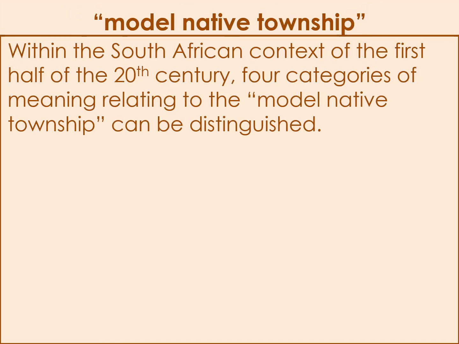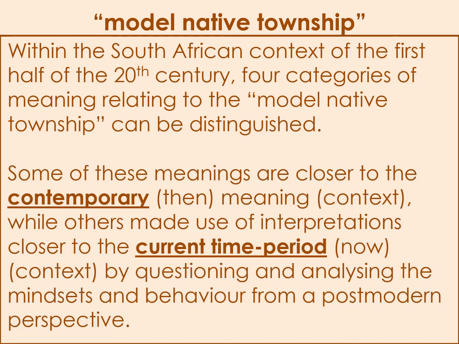Within the context of South Africa of the first half of the 20th century, four categories of meaning relating to a model native township can be distinguished. Some of these meanings are closer to the contemporary, then, meaning or context, while others made use of interpretations closer to the current time period, the then and now context, by questioning and analyzing the mindsets and behavior from a postmodern perspective.